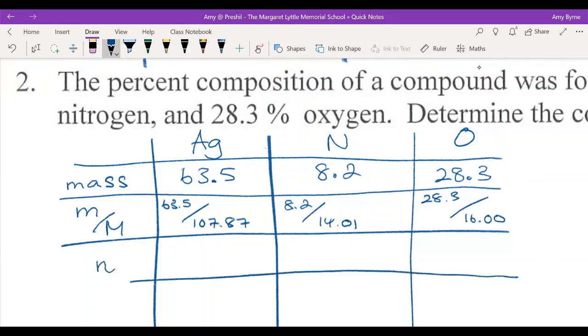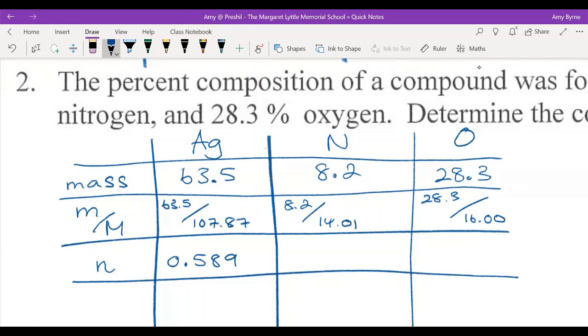Let me just pop those into my calculator. 63.5 divided by 107.87 gives us 0.589.